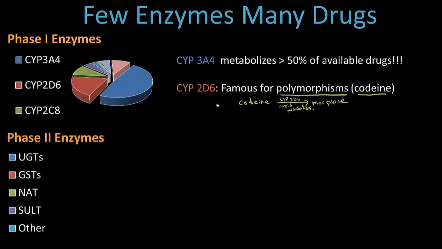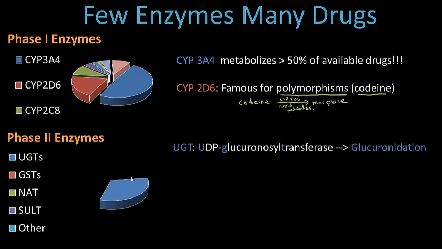Phase 2 enzymes. What I want you to become familiar with here is just the naming of it. So if you see this name, you'll understand what is the name of the enzymes that do glucuronidation. The name of the enzyme here, and this is responsible for most of phase 2 metabolism, you'll see it maybe abbreviated as UGT, and it's actually a UDP glucuronyl transferase.